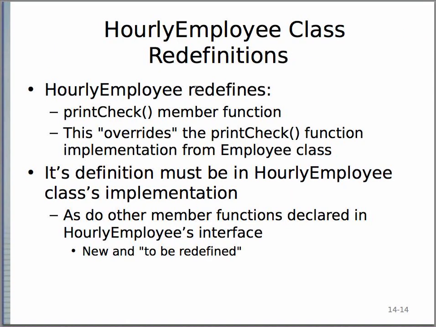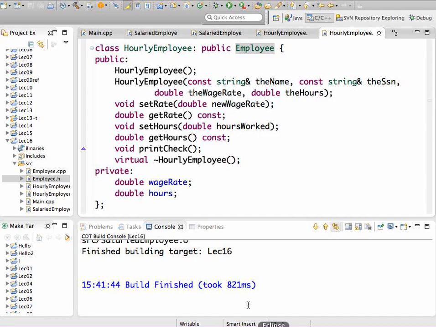Hourly employee also redefines, or has a print check member function that overrides, the print check function from the employee class. The employee class has sort of a fake one that says it shouldn't be calling this, and it exits. If you remember that from the last video, take a quick look at that.